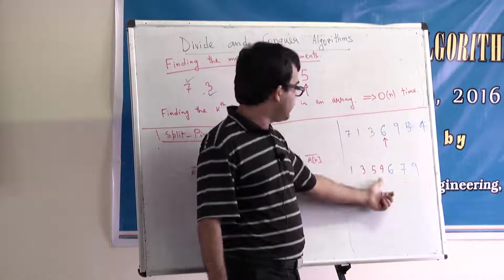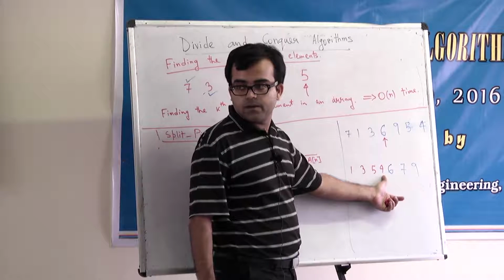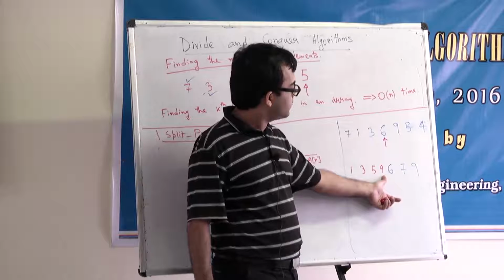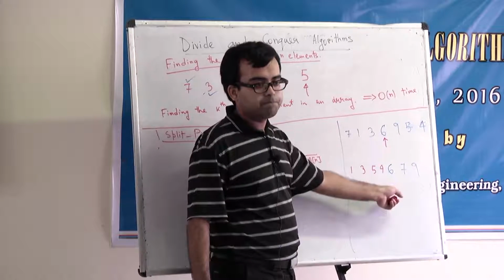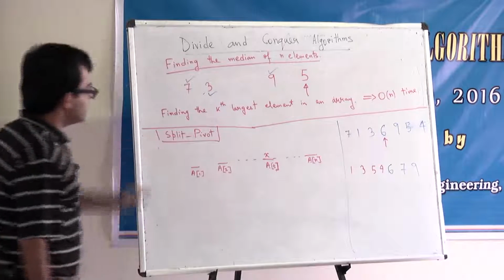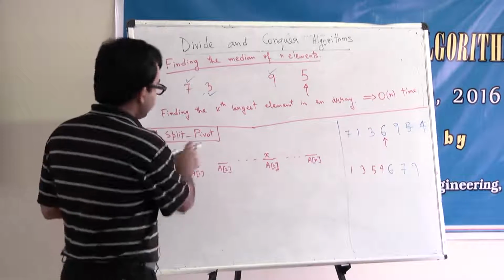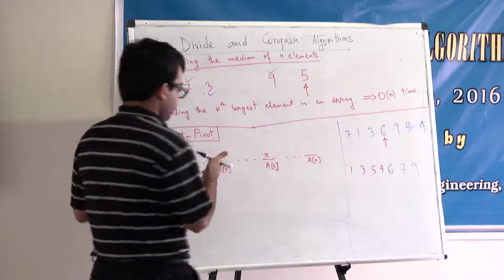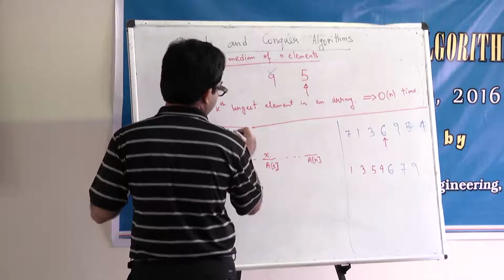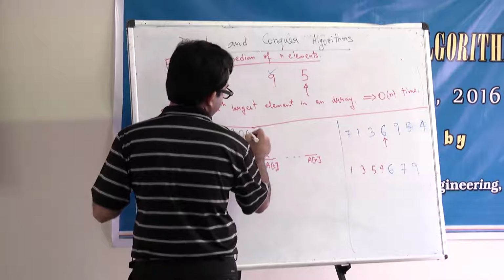This is not sorted because 5 is coming before 4. The only condition is that it should be sorted with respect to 6. So the question is, can you do this split pivot routine in linear time?